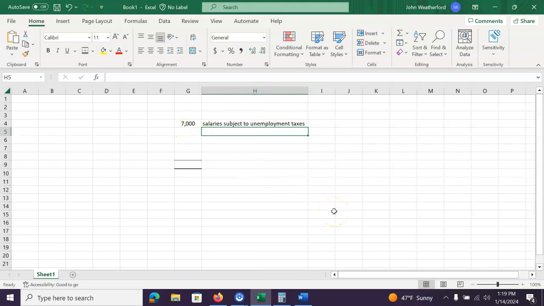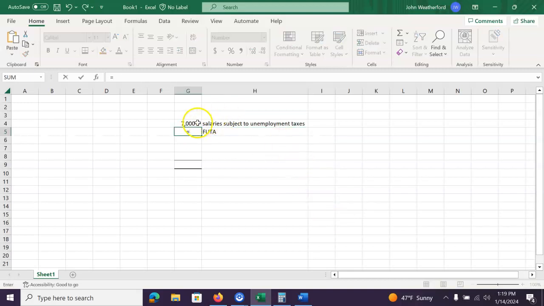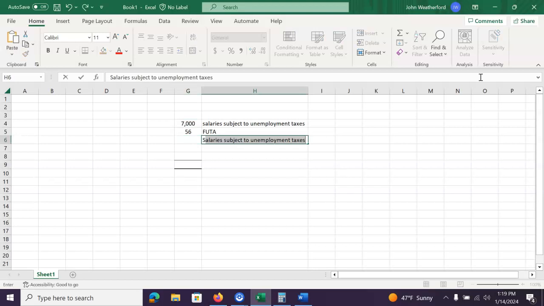Okay, and then to get FUTA, or the federal unemployment tax, we would say $7,000 times the federal rate of 0.008 or 0.8% gives us $56 for federal unemployment.